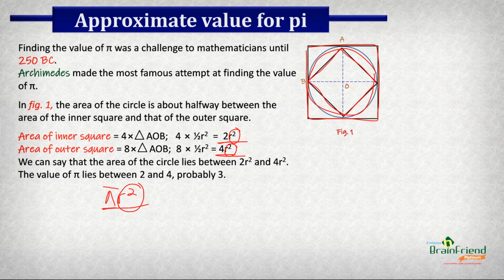It means the value of pi is between the numbers 2 and 4. So we can just assume that the first digit for the value of pi is 3, which is correct. Of course, you know the value of pi is 3.142 approximately.